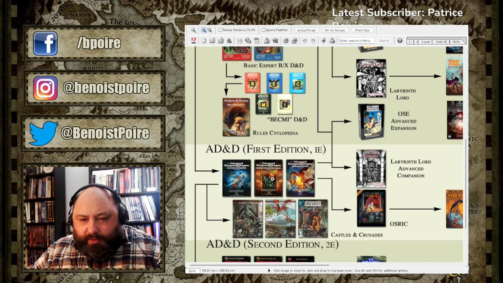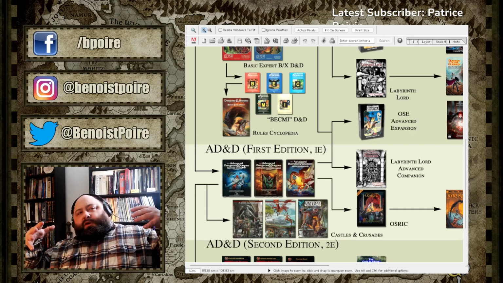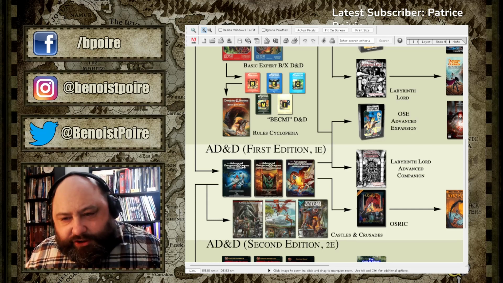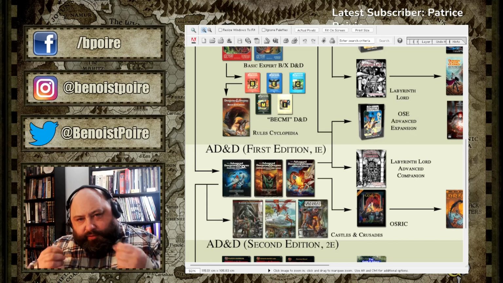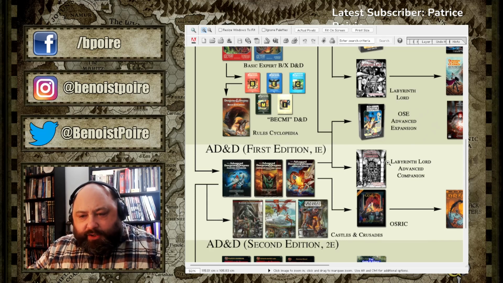As I mentioned, for an emulation of the feel of Advanced First Edition, the feel of the game at the table, most people will choose something like the Old School Essentials Advanced Expansion or Labyrinth Lord Advanced Companion.